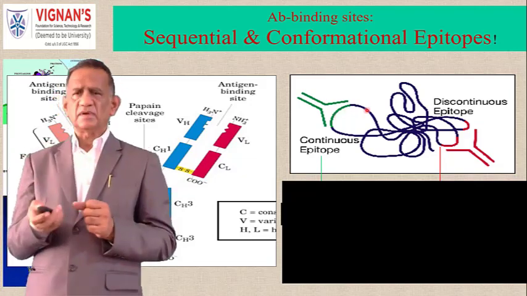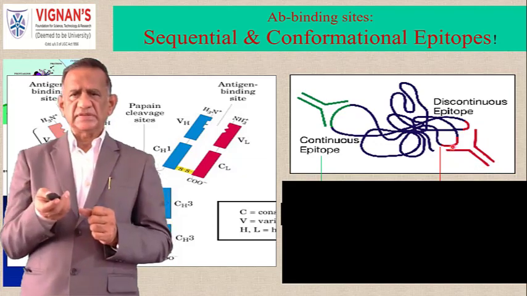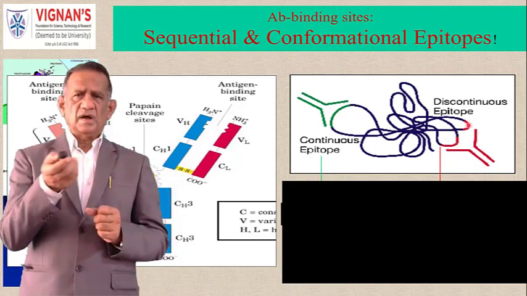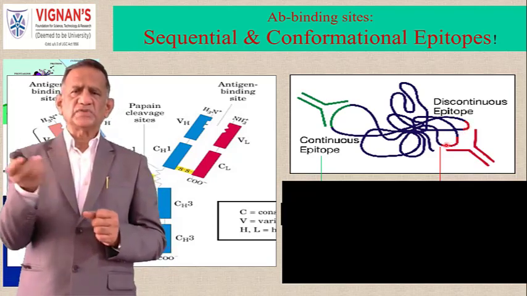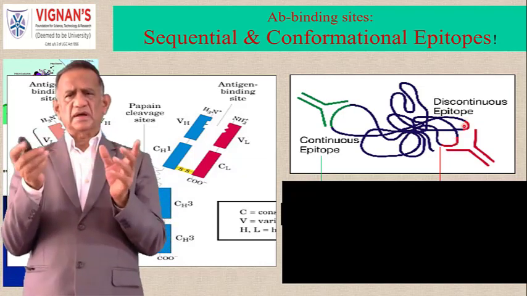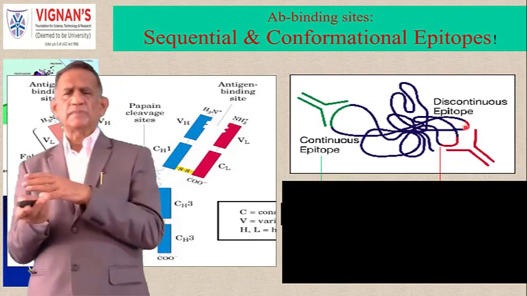Now you see the other immunoglobulin, which is in red color. Here in the Fab region, there are two of the antigen folds. The two folds are not continuous. One fold has emanated out of the folding pattern and has become an epitope.